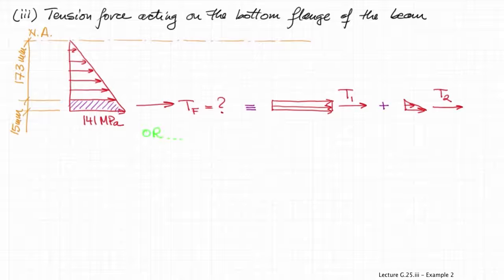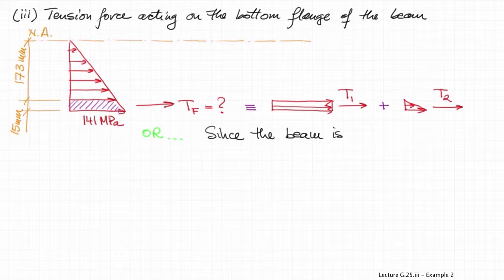Or maybe we can find a slightly simpler solution if we remember that this beam, this member, is in pure bending.